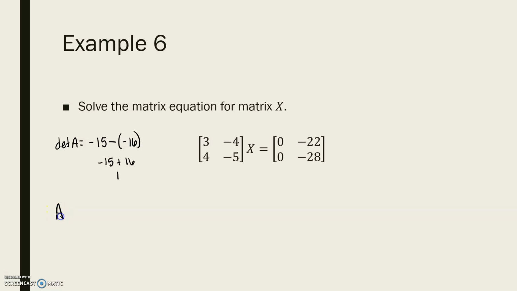And to get the inverse, I'm going to do 1 over my determinant times, on that main diagonal, I'm switching the numbers. So I'm putting -5 here and 3 here, and then changing the signs here, -4 and +4. Since my determinant was 1, it's actually going to be the same, because if I multiply everything by 1, it stays the same.